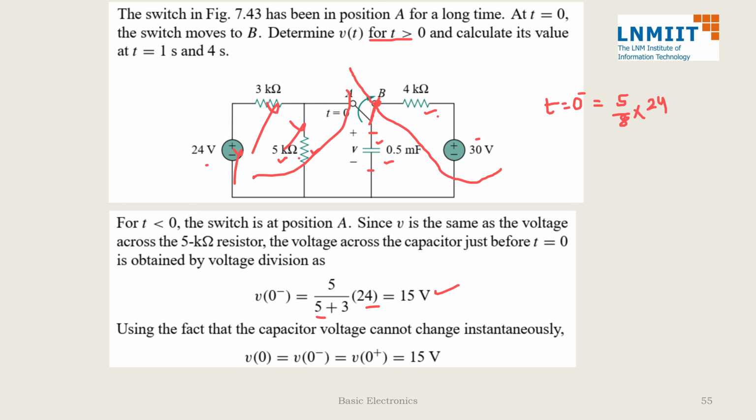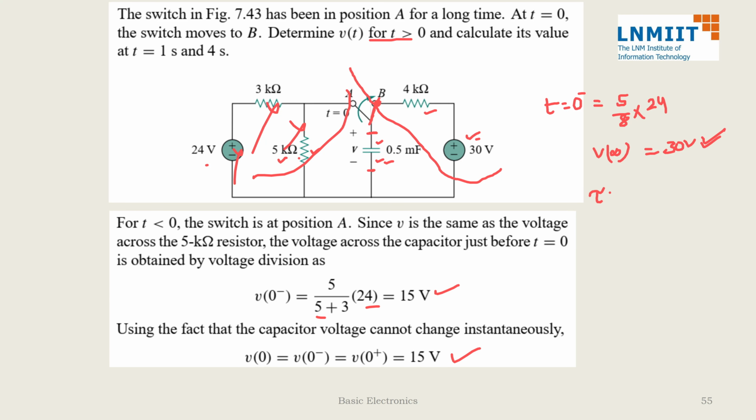In this circuit, if I go to infinity, then capacitor will again behave like open circuit. No current will be there in the 4 kilo ohm. That means all 30 volt will appear across this capacitor. That means V infinity will be 30 volt. So I got my second answer also. My first answer was V0. My second answer is V infinity.